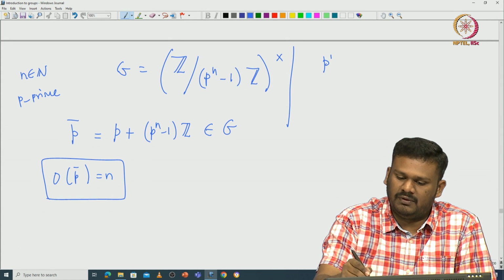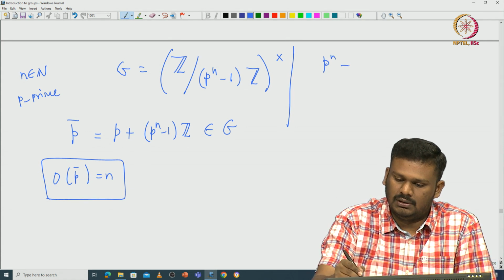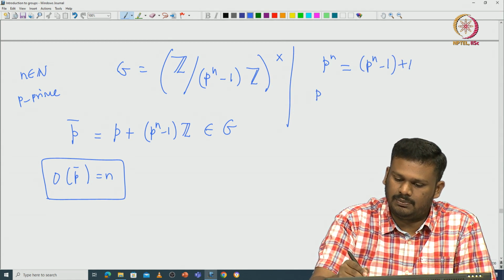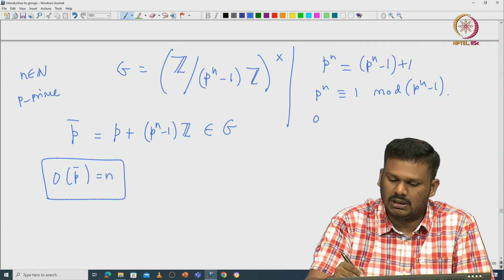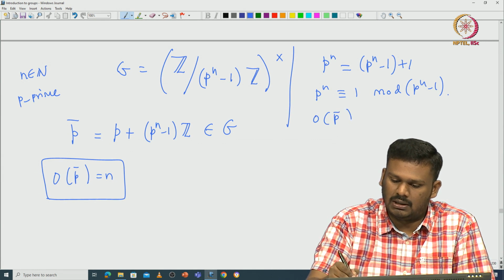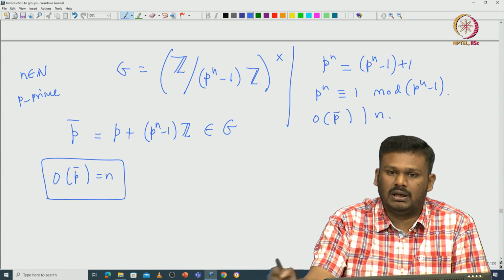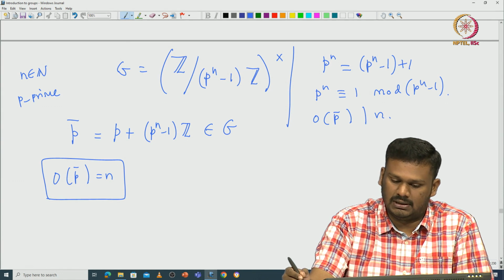Note that p power n can be written as p power n minus 1 plus 1. So that says that p power n is congruent to 1 modulo p power n minus 1. That means the order of this p bar divides n, or the order of p bar is less than or equal to n.